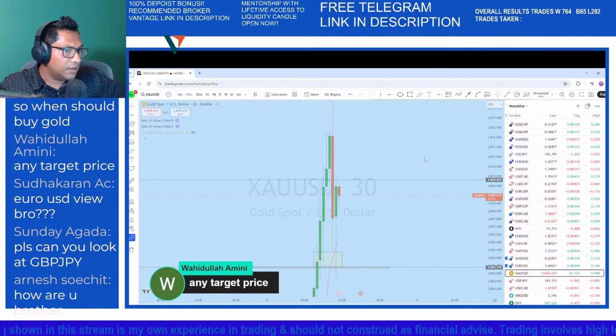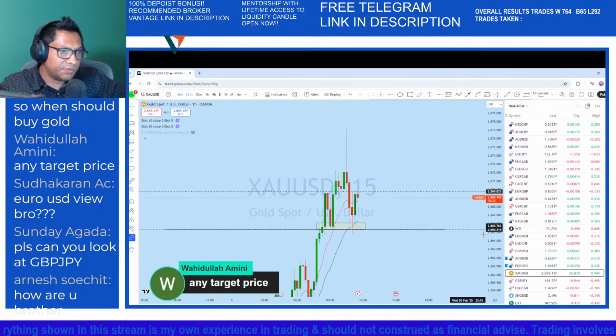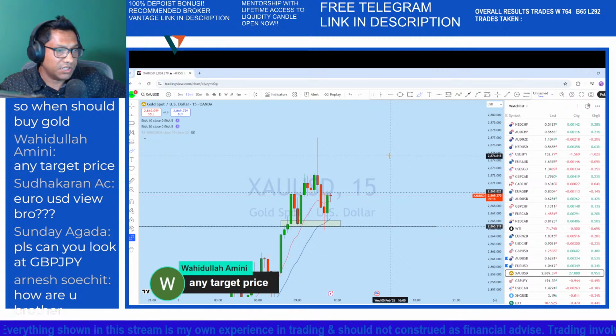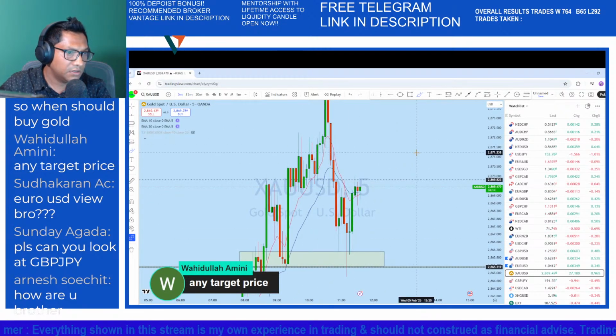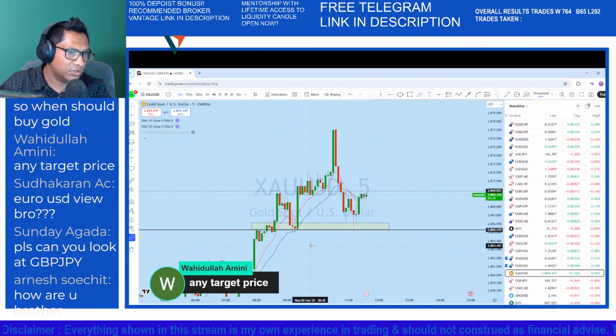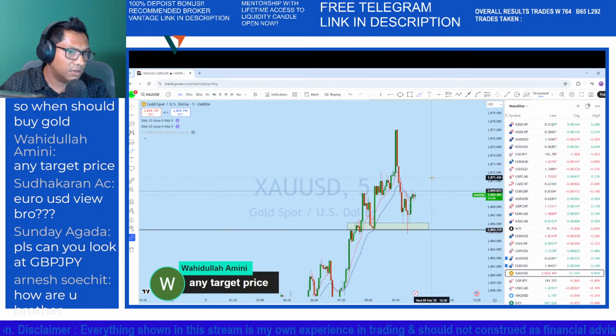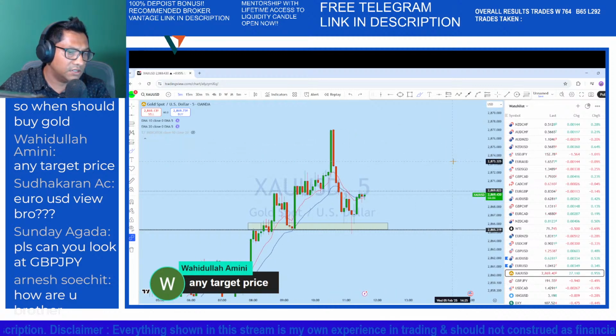And looking at the 15 minutes perspective, here you can see the market has formed a series of higher lows, and with that series of higher low formation, we are looking for the price to keep creating a series of higher lows.